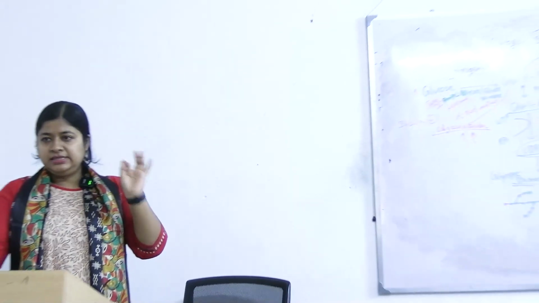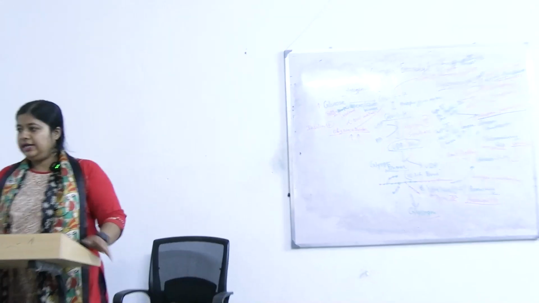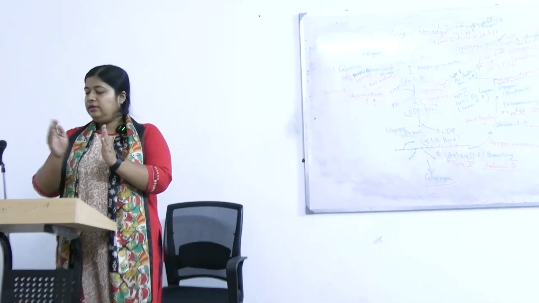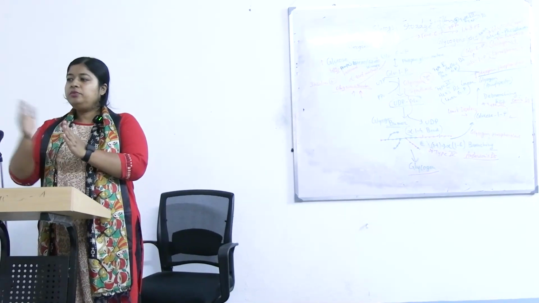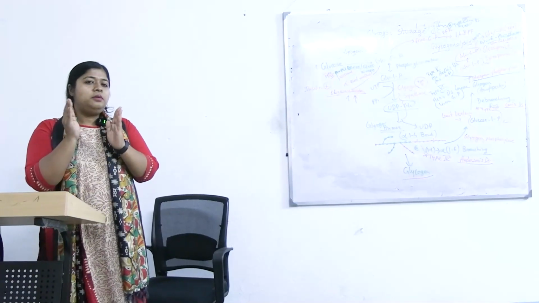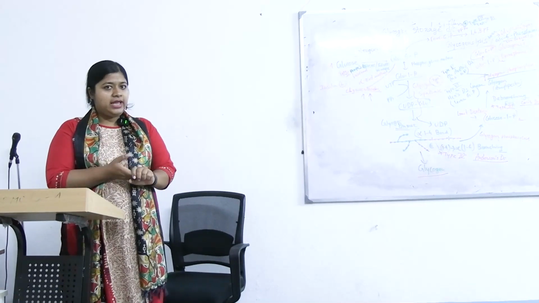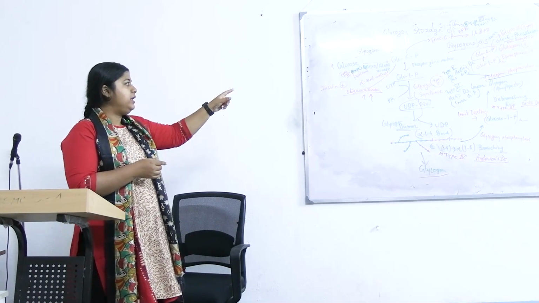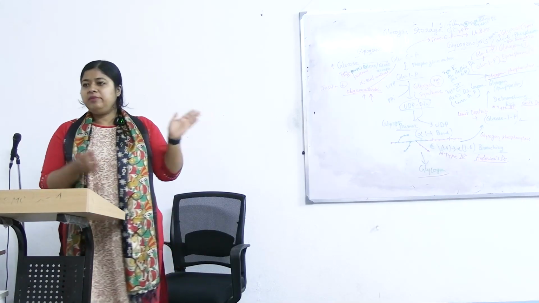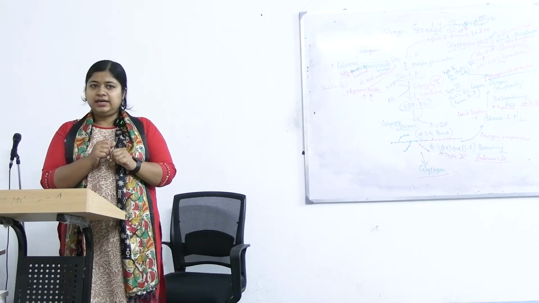Next come to type 2, Pompe's. So it is alpha acid maltase, but basically it is alpha 1,4-glucosidase. It helps in joining of glucose with another glucose molecule by alpha 1,4 bonds. The acid maltase enzyme helps in formation of oligosaccharides.